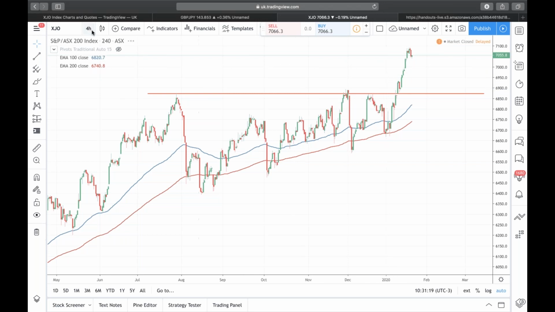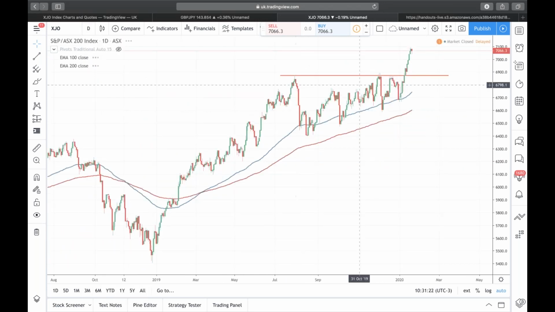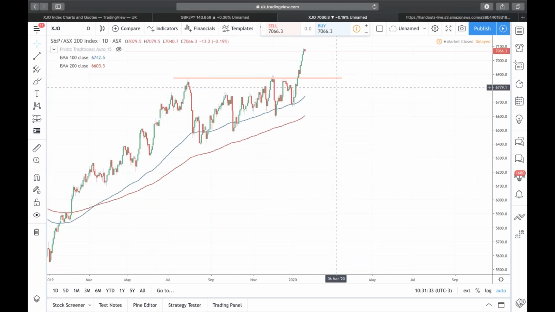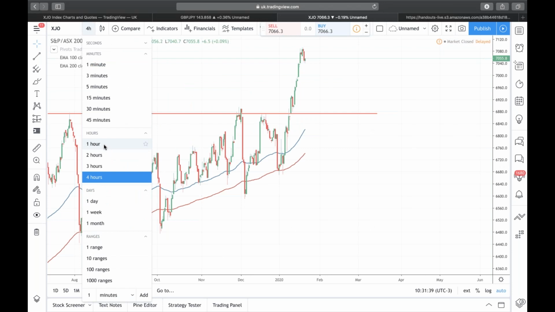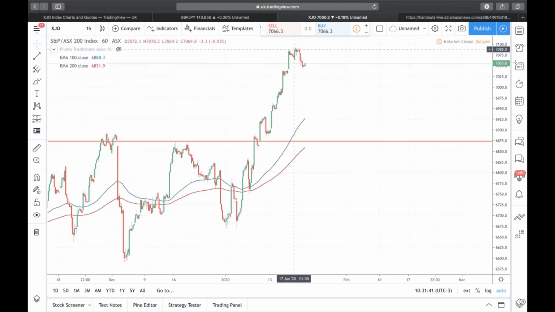Looking on the daily chart, we see that was a strong breakout. We had the China deal being signed. Bang, bang, bang, bang. We've seen a strong bullish market, as we've seen in quite a few different equity markets. Now we're seeing some of that pullback, and that pullback has been on this coronavirus concern.